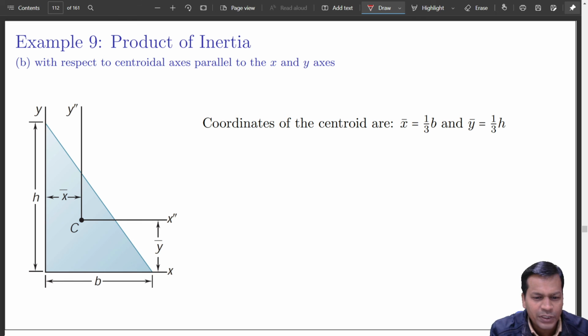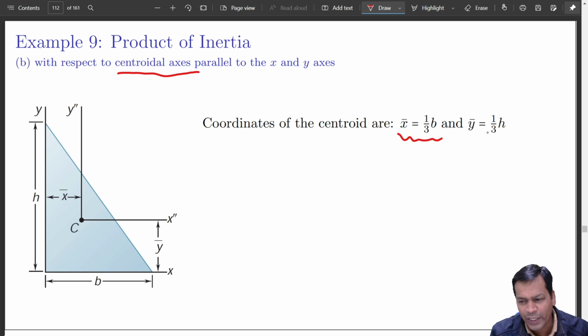Now with respect to the centroidal axis, I will be using x bar and y bar. This time the distances h by 3 and b by 3 are there, that is the centroidal axis.